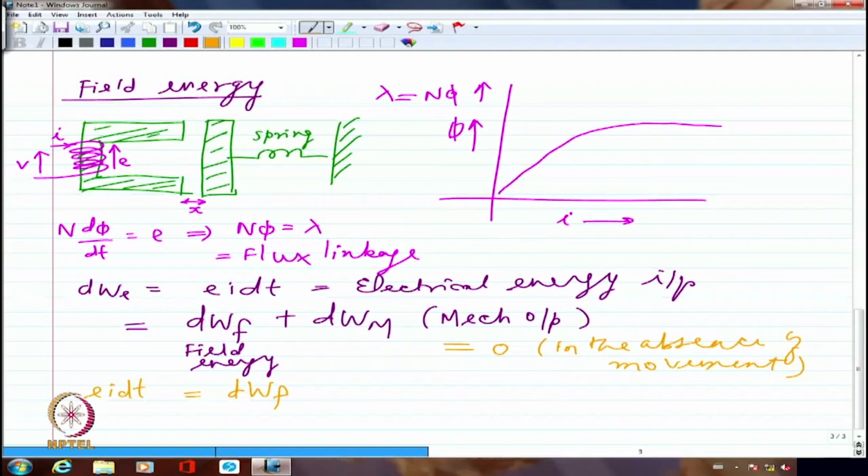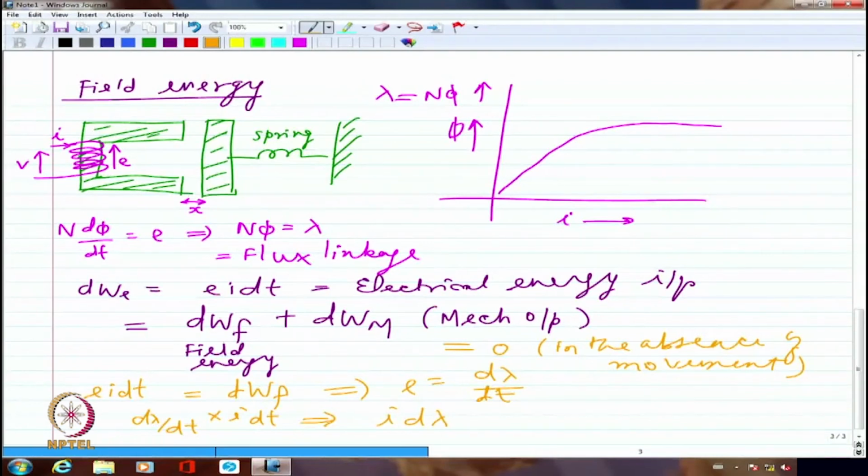Right? And E is after all d lambda by dt. So I should be able to write this as d lambda by dt multiplied by I dt. So this will give me essentially I d lambda. So I d lambda in the absence of any movement gives me directly whatever is the field energy that has been accumulated for a small duration dt.